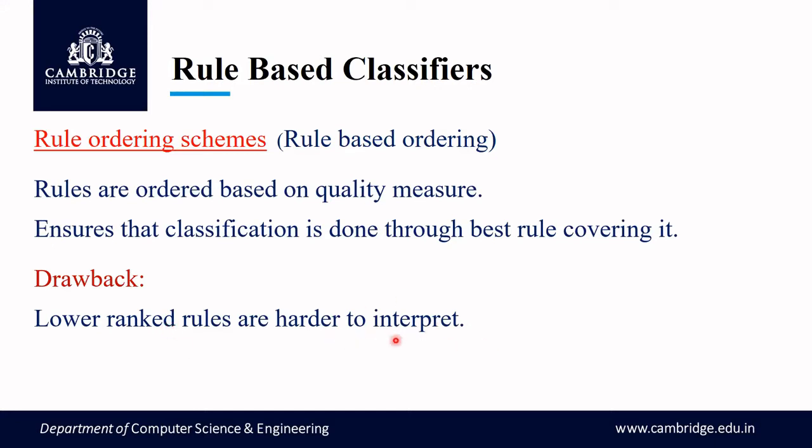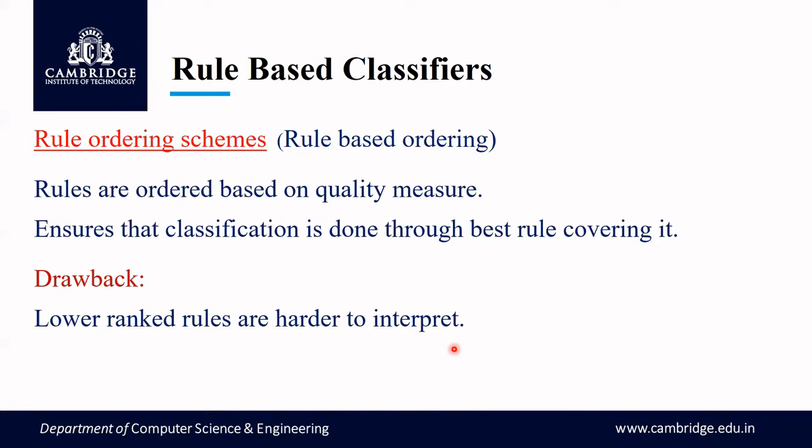So any rule which is lower in the order will consider the negation of the rules above it.